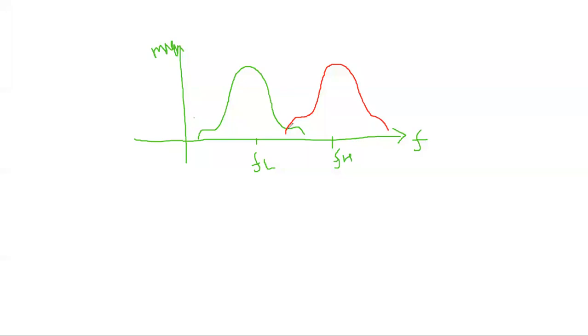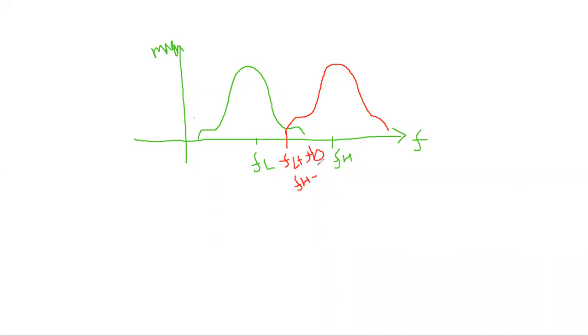In terms of FL, this component will be centered around FL plus FB, and at the same time it will overlap with the lower component of the higher frequency, that is FH minus FB. So this is FH minus FB also: the lower component of the higher frequency component and the higher component of the lower frequency component.